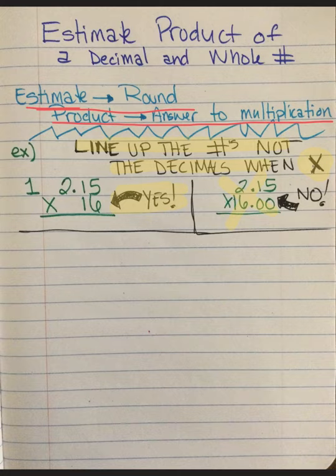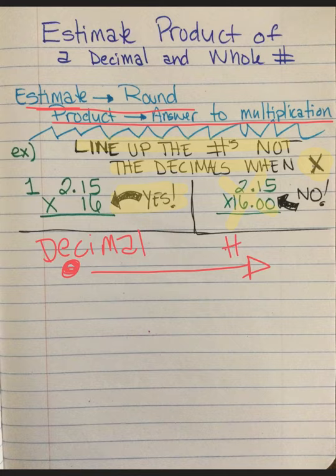There's a couple of concepts we need to review. One concept we need to review is when you move the decimal to the right, the number gets bigger. And if we think that way and think about the decimal moving to the left, here's a decimal.